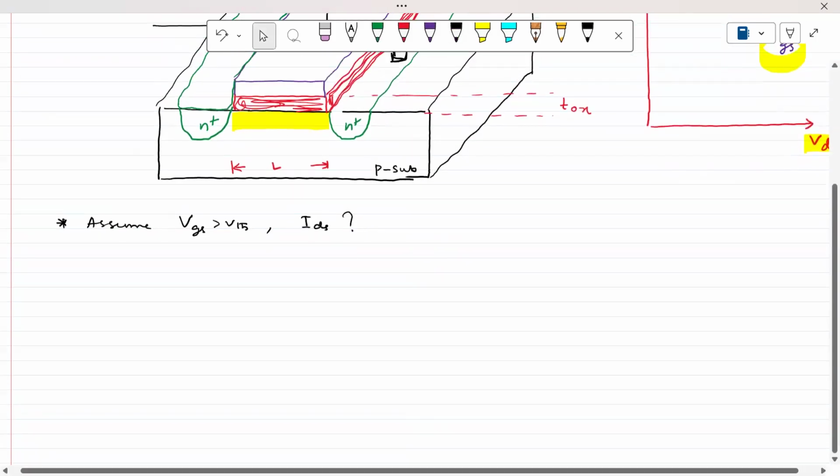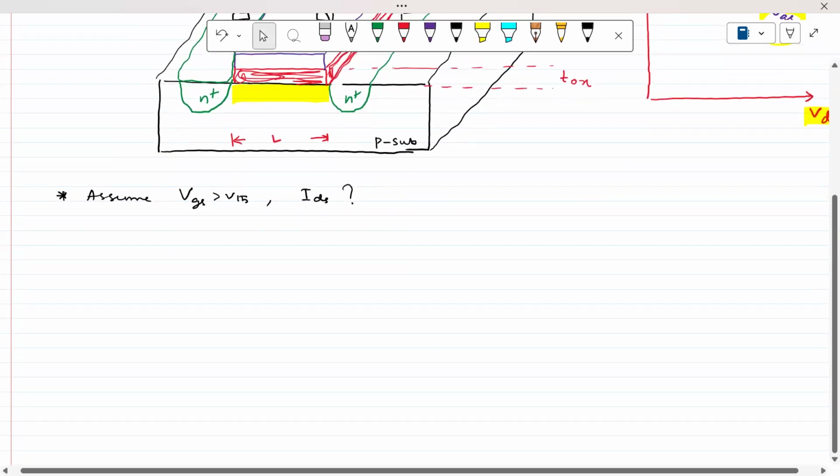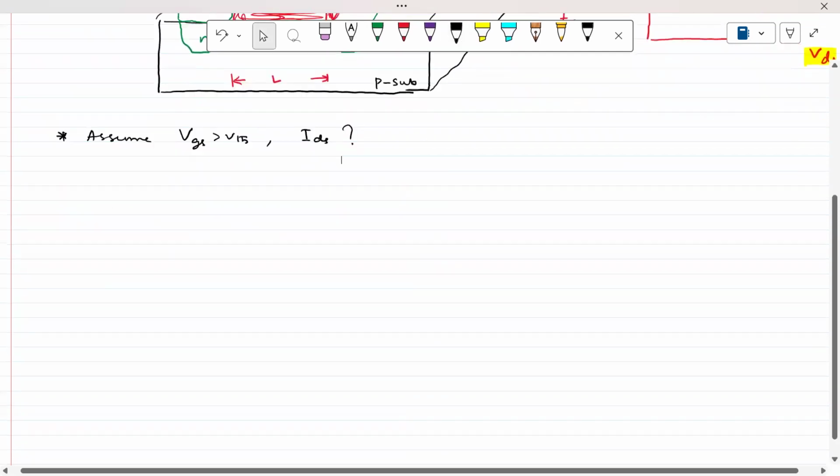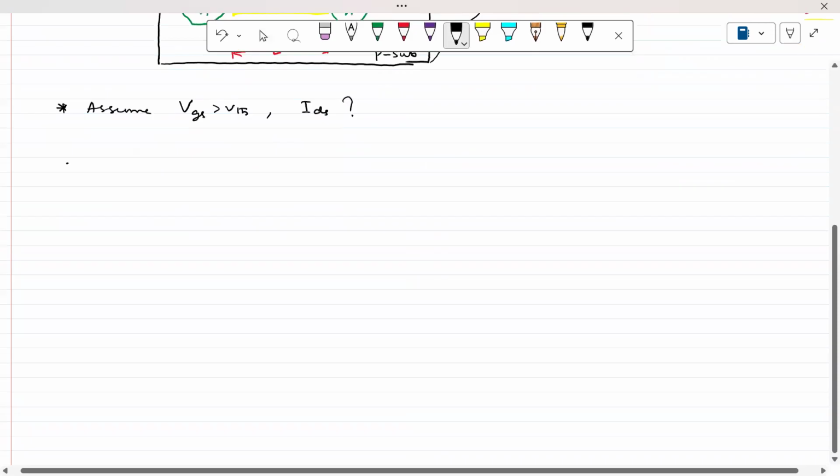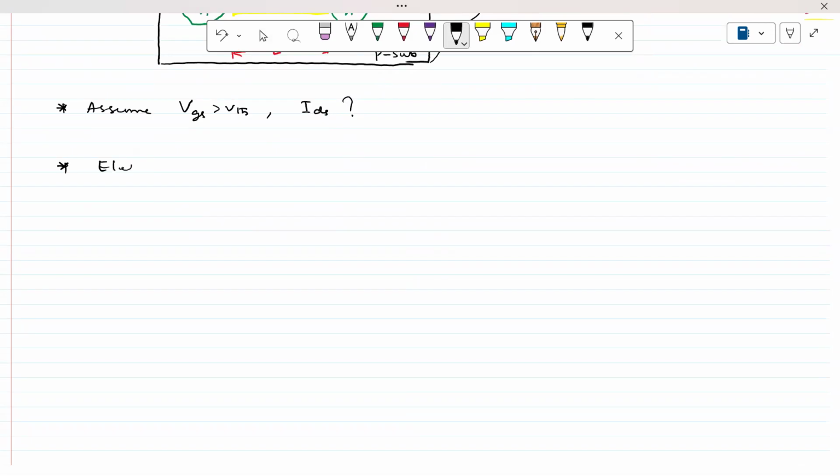Right. So anyone, please let me know, how do we define an electric current? Electric current I is the rate of change of charge, or the flow of charge carriers with respect to time.